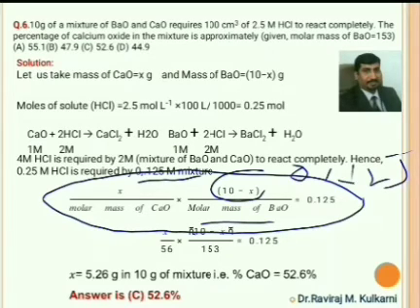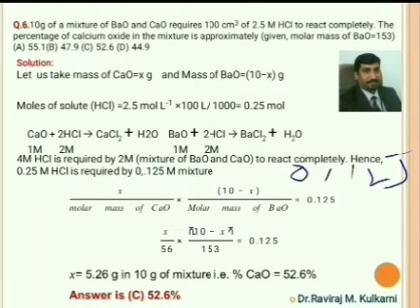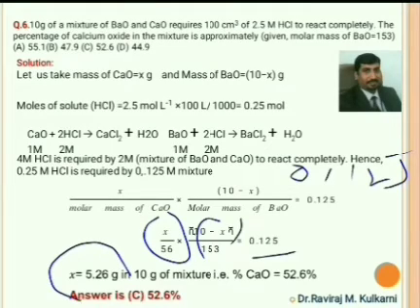So it should be equated to 0.125. So x by 56 plus 10 minus x divided by 153 is equal to 0.125. You can easily get x is equal to 5.26 gram.